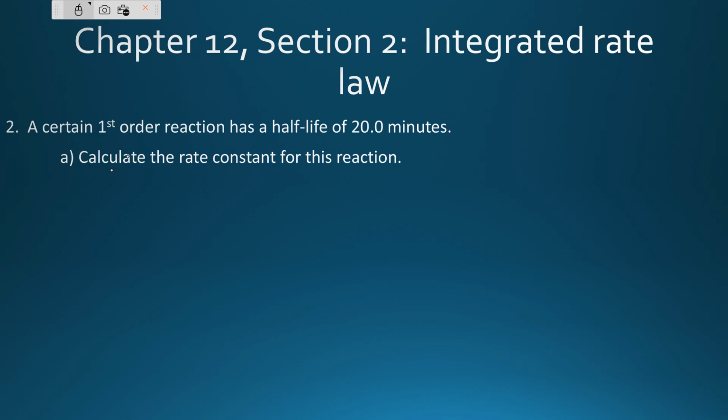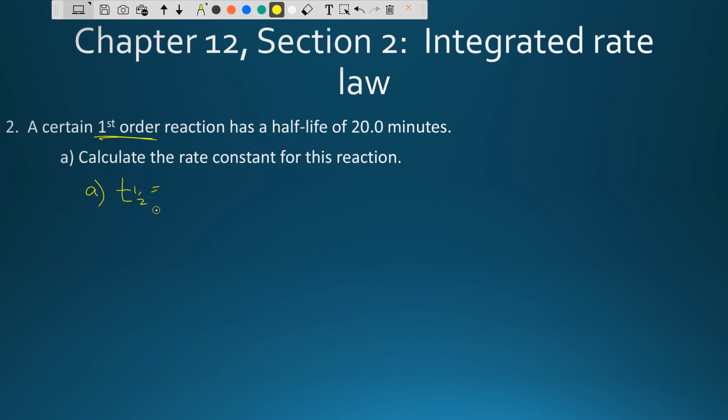If we don't know our rate constant, let's go ahead and figure this part out. Now, again, they're telling me it's a first order reaction, and that's key for us, okay? So we know that in part A, the half-life ends up being 0.693 over my constant, okay?